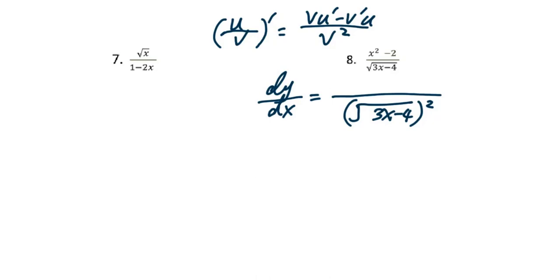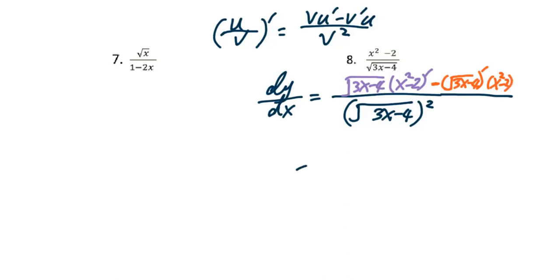Then you will get square root 3x minus 4 stay, x squared minus 2, you do the derivative. Then subtract. You will make square root 3x minus 4, you do the derivative, times x squared minus 2.